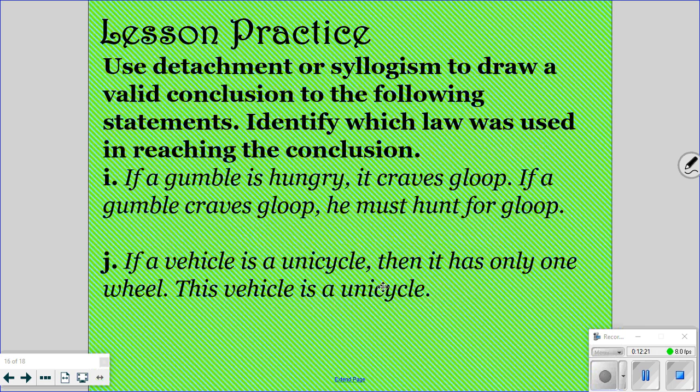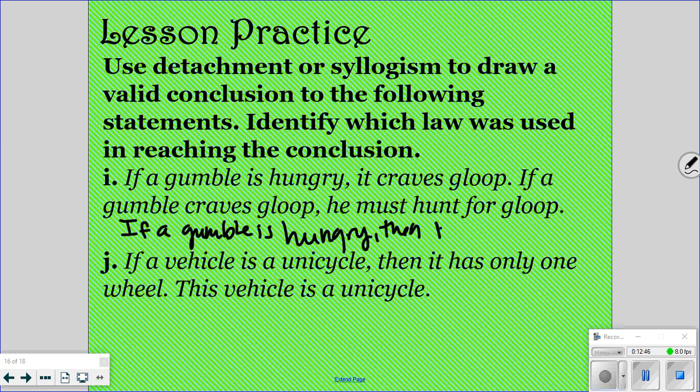Okay? Looking at the last 2 practice problems, y'all try these by yourself and then unpause the video and I'll go over it. If a gumble is hungry, it craves gloop. If a gumble craves gloop, he must hunt for gloop. So if a gumble is hungry, then he must hunt for gloop.